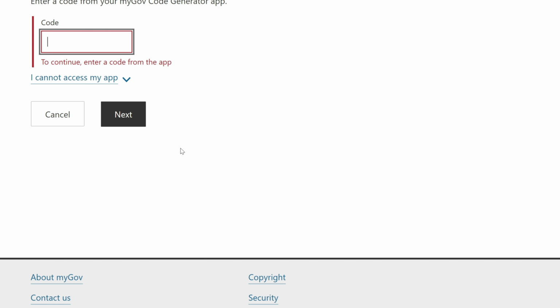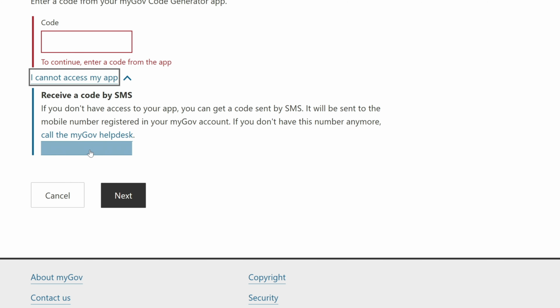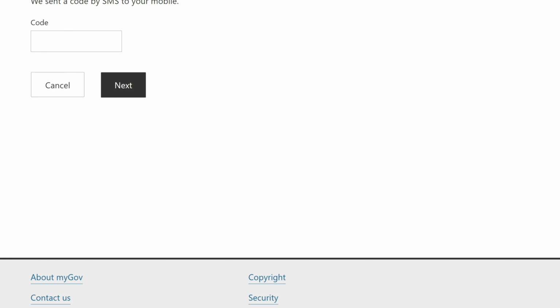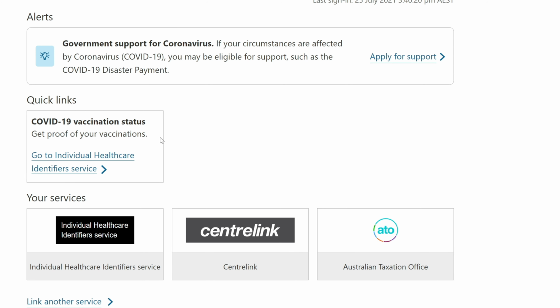You can download the app from the Google Play Store, but if you do not have the app, you can click on this arrow and then click on send me code by SMS, and you should receive a code on your phone, which you then enter. Okay, so then it takes you to your MyGov account.